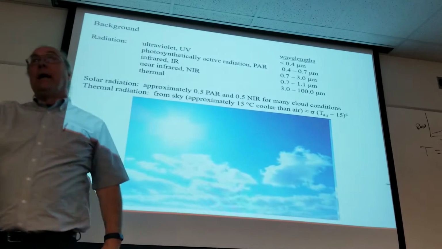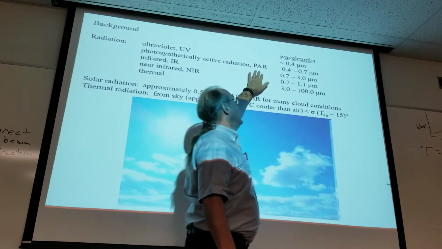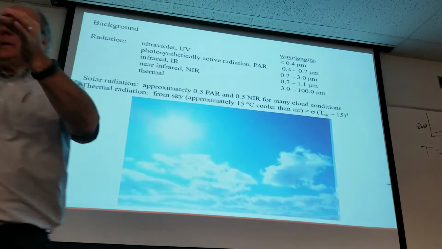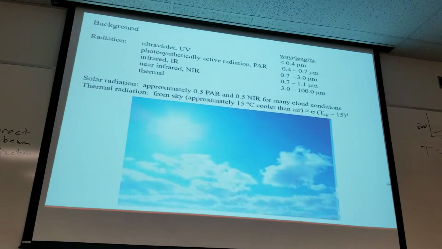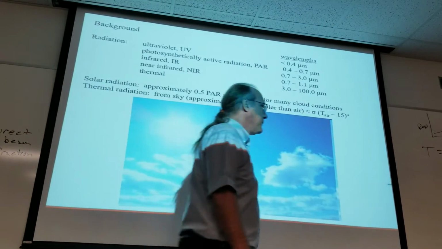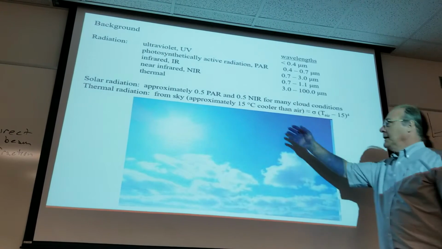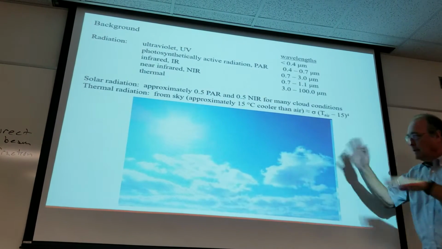So if you have a pyranometer that measures solar radiation and compare it to a quantum sensor that measures PAR, typically one will be about half the other one. About half the solar is in PAR. And thermal radiation from the sky, 15 degrees cooler than the air.